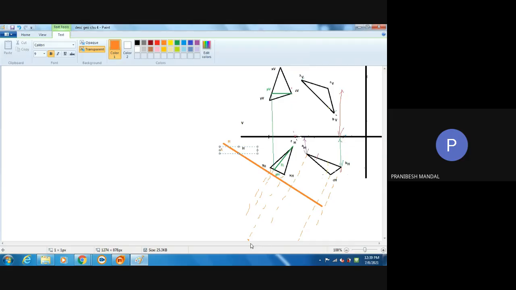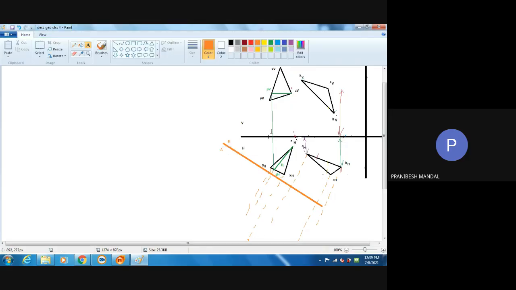So this is your XA. No problem in it. Suppose this is your YA somewhere here. And Z is a bit gap. Let this be here.